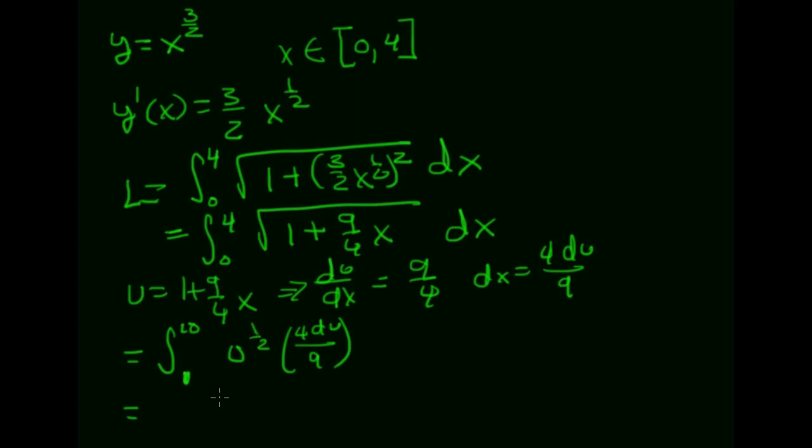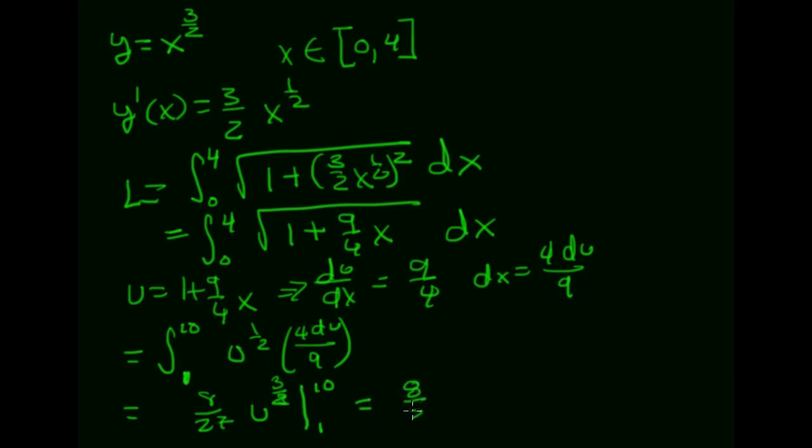The 1/2 is going to go to 3/2, so it's going to be u to the 3/2. 2/3 times 4/9 will be 8 over 27, u to the 3/2, and u is now running from 1 to 10.